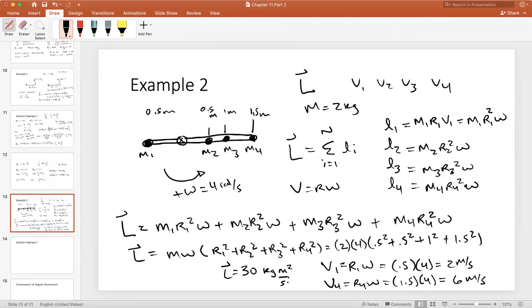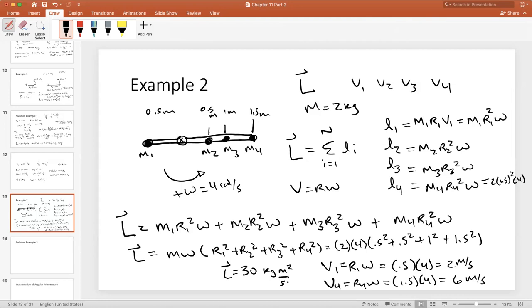The angular momentum of mass 4 by itself was 2 times 1.5 squared times 4, which is 8 times 1.5 squared, which is 18 kilogram meter squared per second. 18 of the angular momentum out of the 30 is being provided simply by M4. Even though they're all the same mass, most of it is being provided by that.